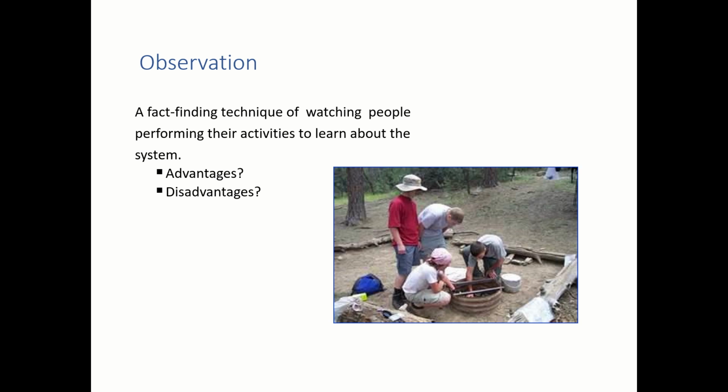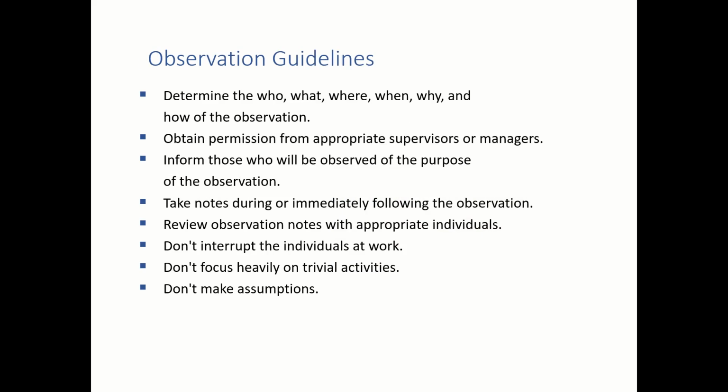And the other one is observation. That is, you can look around at what is happening, you can watch the people, how they are working, you can understand the advantages and disadvantages of the already existing system, and then you can keep moving forward. There are certain guidelines which you could follow: determine who, what, where, why. So the 5 W's and H could be used.